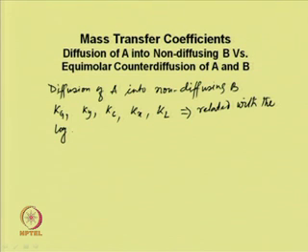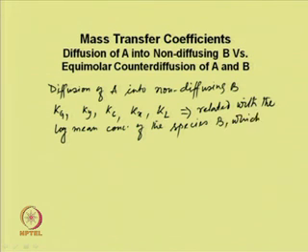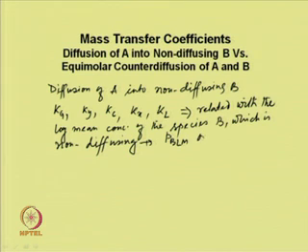Log mean concentration of the species B, which is non-diffusing. So, the mass transfer in this case depends on PBLM or XBLM.